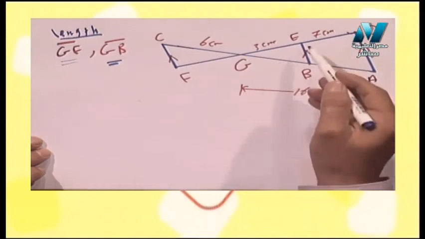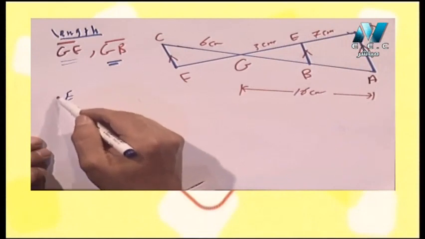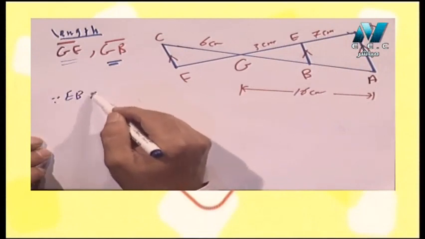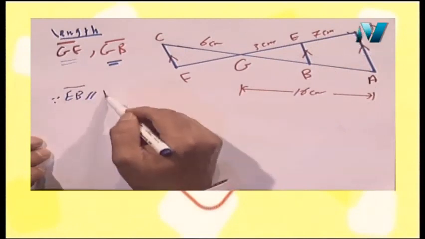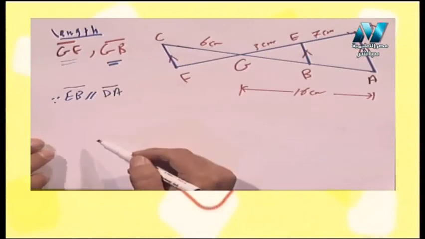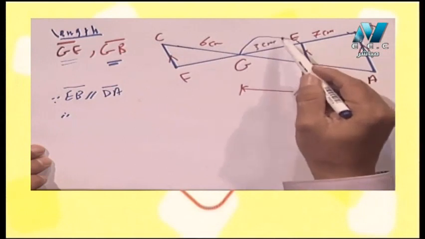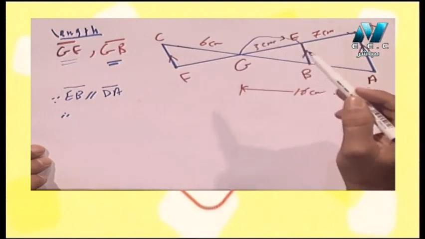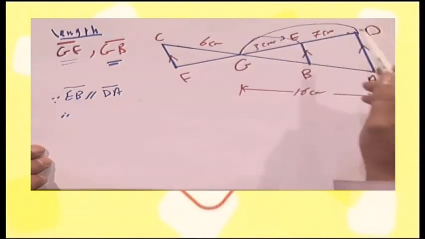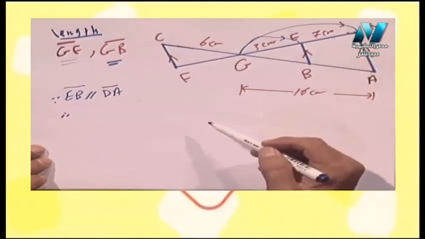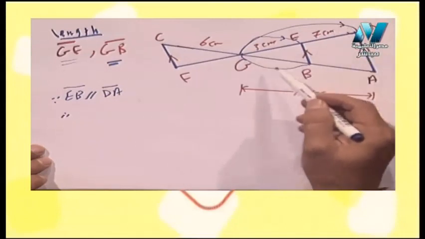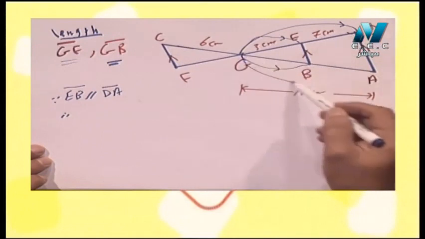Since EB parallel to DA, therefore we can say GE over GD will be equal GB over GA.